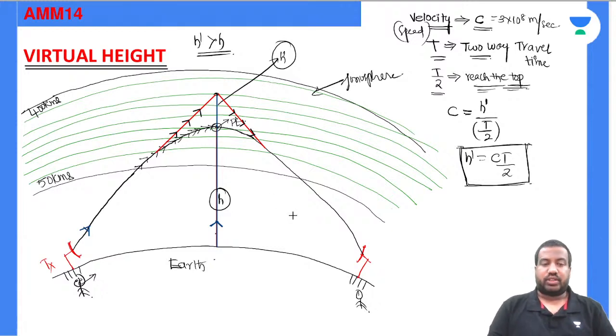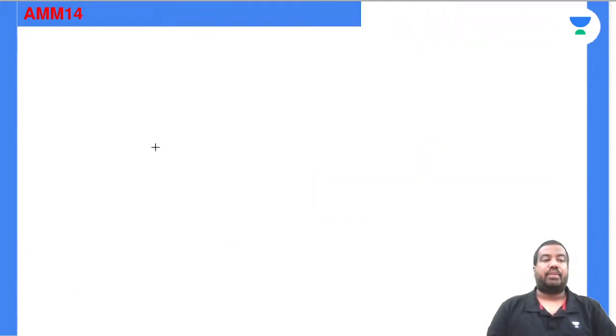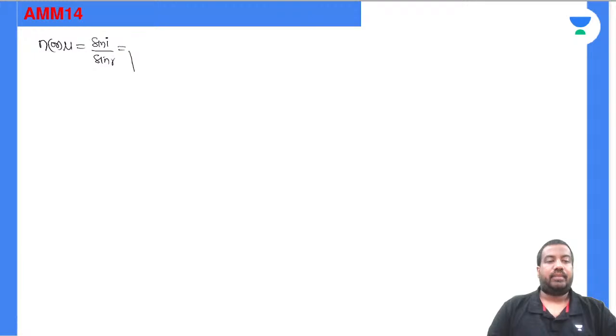So that is about the virtual height. We had completed the derivation for the refractive index of ionosphere, n or mu, equal to sin i by sin r, equal to under root of 1 minus 81 n by f square.